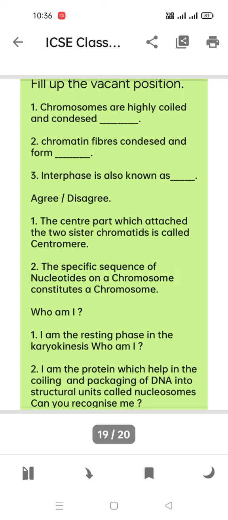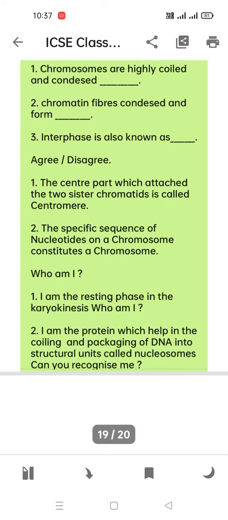Next is the specific sequence of nucleotides on a chromosome constitutes a chromosome. It is false. The central part which attaches the two sister chromatids is called the centromere. Yeah, true. First one is true.